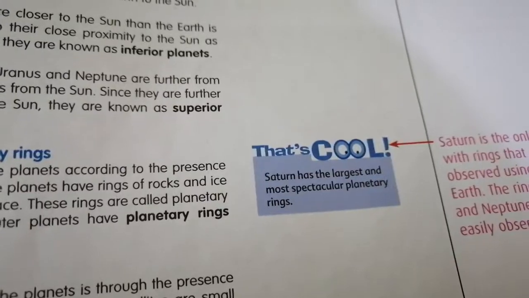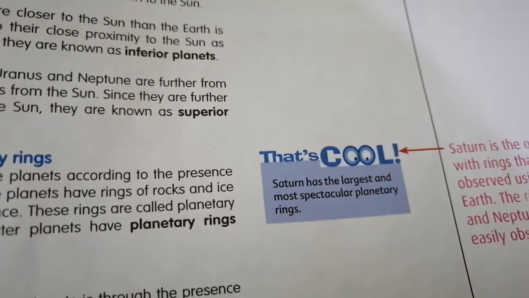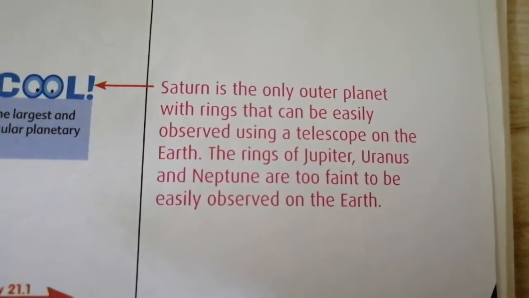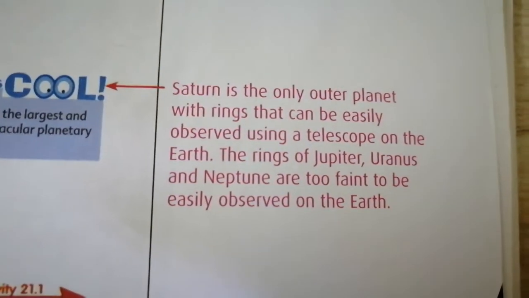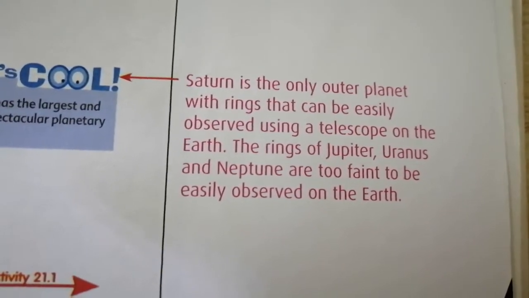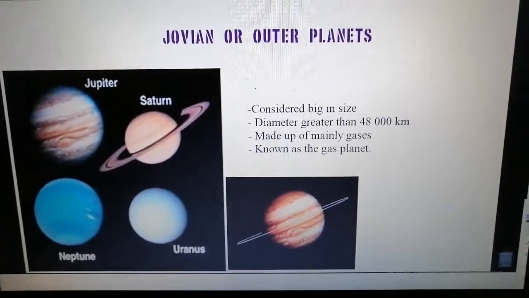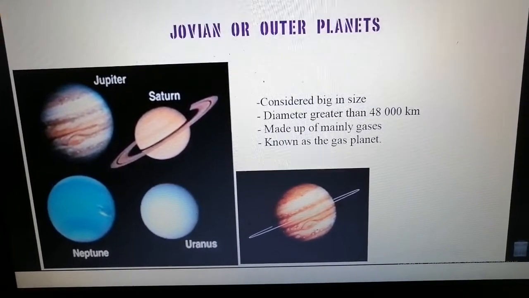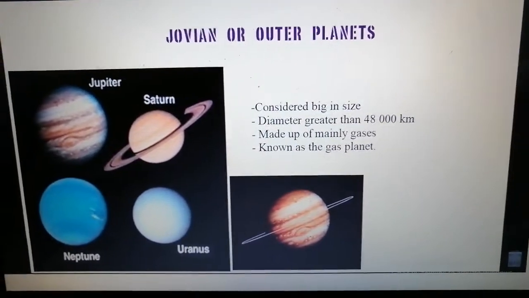Saturn has the largest and most spectacular planetary rings. If you look at here, Saturn is the only outer planet with rings that can be easily observed using a telescope on the Earth. The rings of Jupiter, Uranus and Neptune are too faint to be easily observed on the Earth. For the second part of the video, you just need to continue your notes, using the same wall and width.